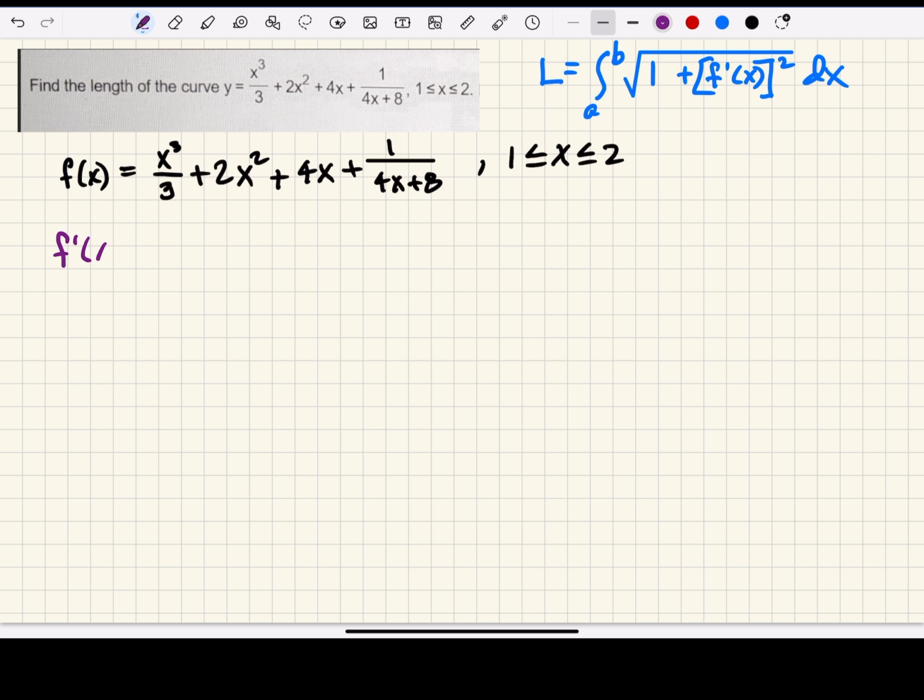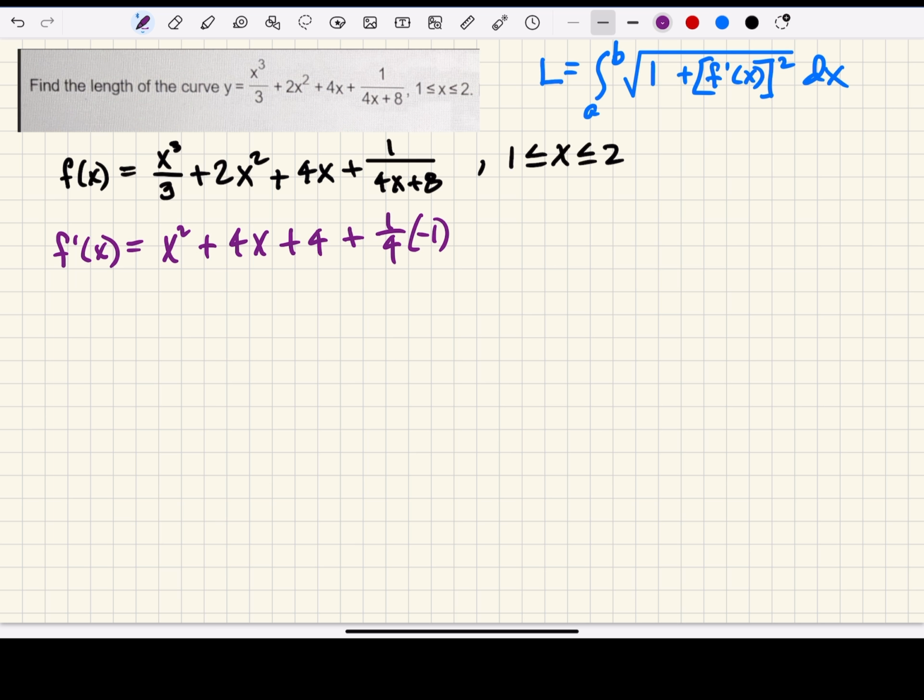f prime of x would be equal to 3 times x squared over 3, so x squared, plus 2 times 2x, so 4x, plus 4, plus, we could factor a 4 out of the bottom, and we'd have x plus 2 remaining, x plus 2 to the negative 1.